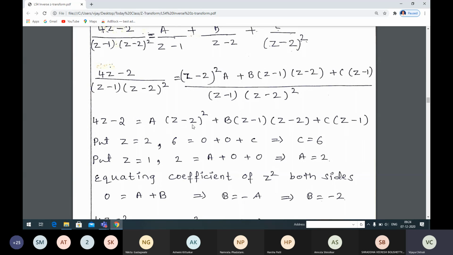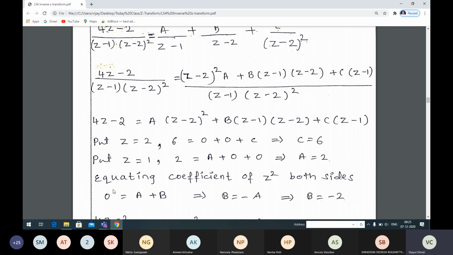The other two terms have 1 minus 1, which is 0, and 0 into something is 0. So you will get A equal to 2.